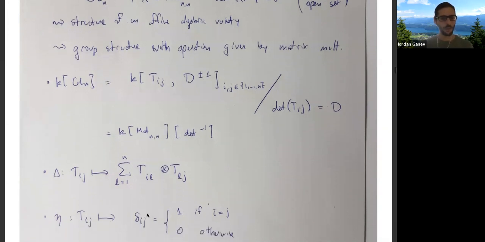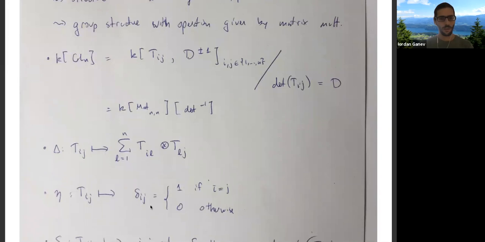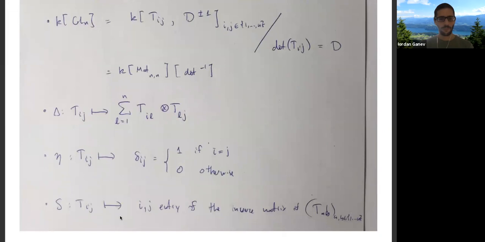Okay, and the co-unit is just given by taking Tij to 1 if i and j are equal and 0 otherwise. So this is the Kronecker delta. And the antipode corresponds to inverses. Maybe what I've written here is kind of confusing, but if we think of these Tij's as formal variables in a matrix, then there's some formula that gives us the inverse matrix. Each entry is some polynomial in the Tij's.